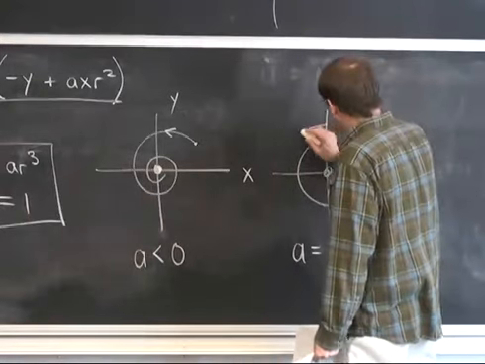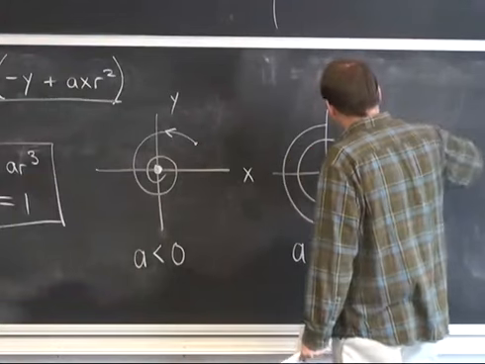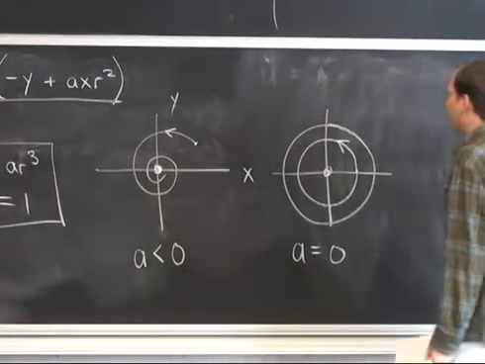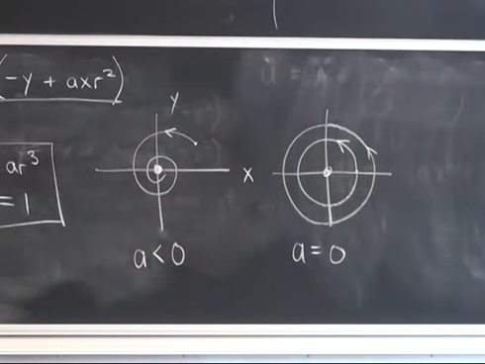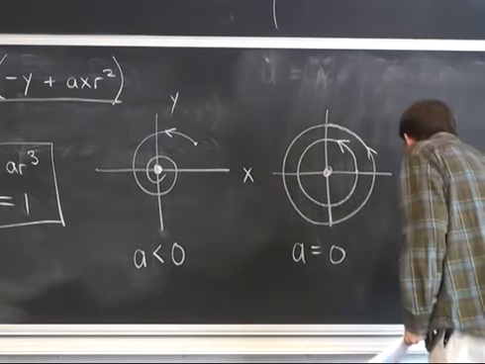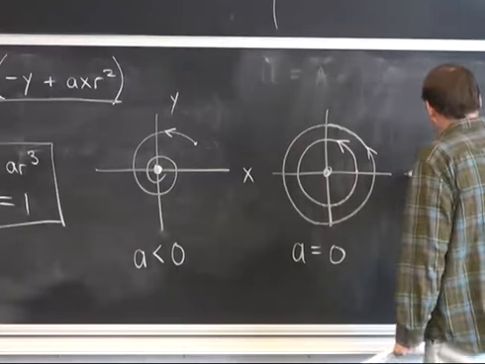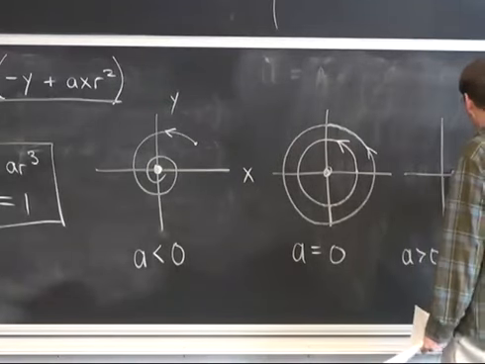But all other trajectories are just perfect circles about the origin. So for A equals 0, the linearization gets it right. But that's not too surprising, since when A is 0, the cubic terms are gone and the system is just linear. So, of course, the linearization works for a linear system. And then when A is positive, you've got an unstable spiral, because now the radius is increasing.